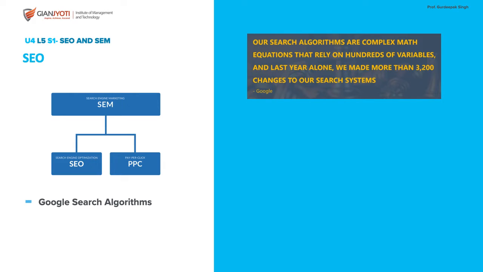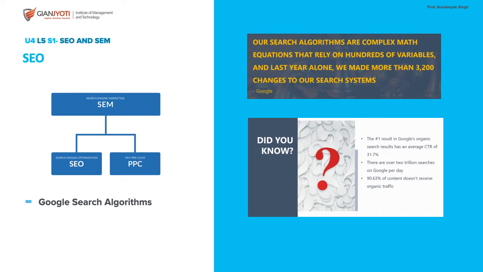So that means these algorithms keep on revising and are based on hundreds of variables. And so far, 3,200 changes have been made. This is the version of Google. So welcome to this world of search engine optimization, which is an ocean.